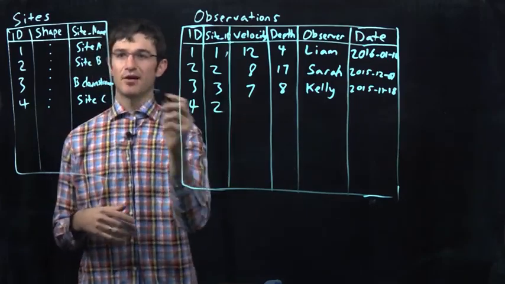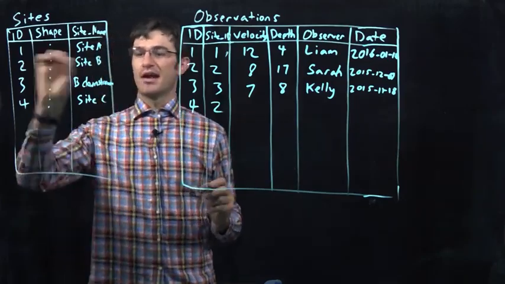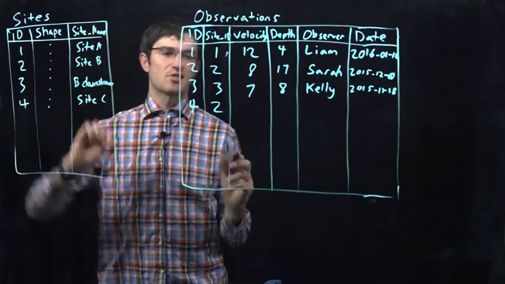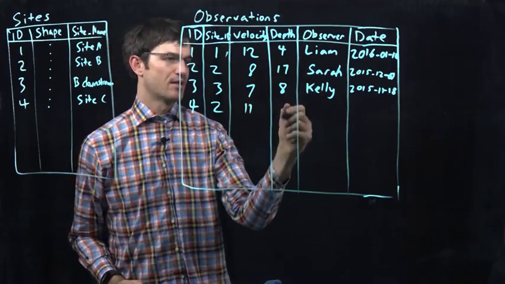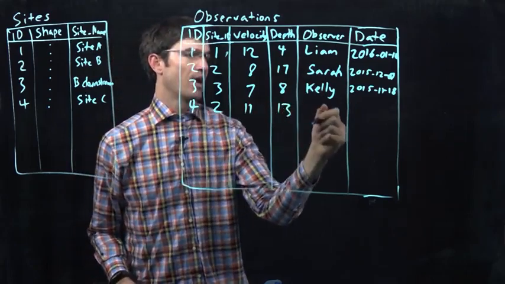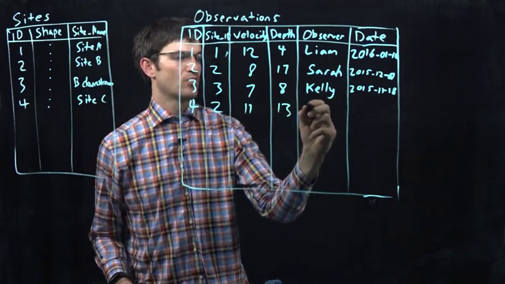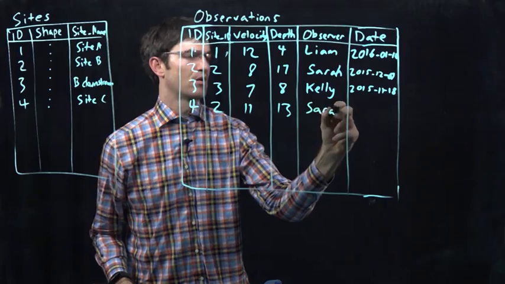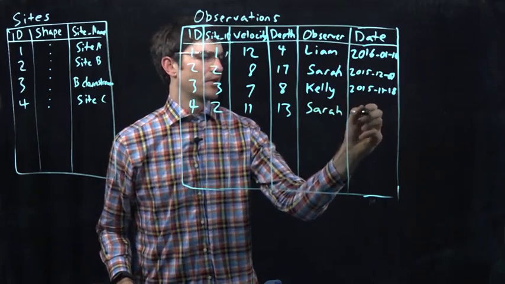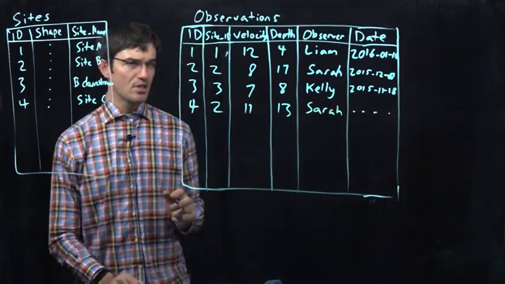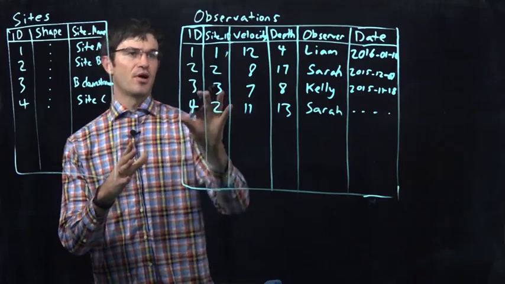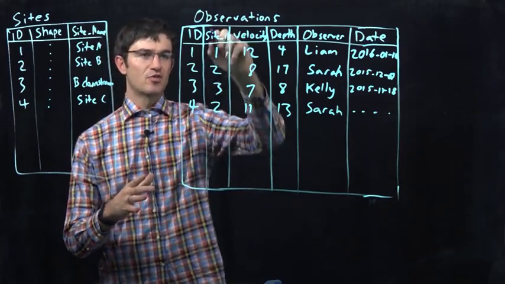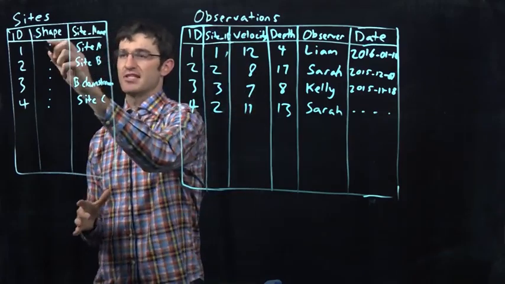So we have multiple records at the same site, and now we can attach those back to one site over here. And 11 and 13, and let's say this one also was done by Sarah, and it occurred on some date. So now we have additional records to show that these aren't unique. This ID field is a reference to this ID field.